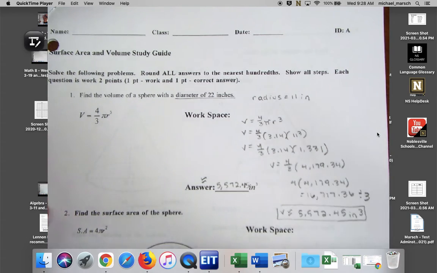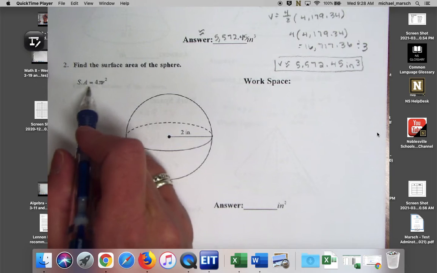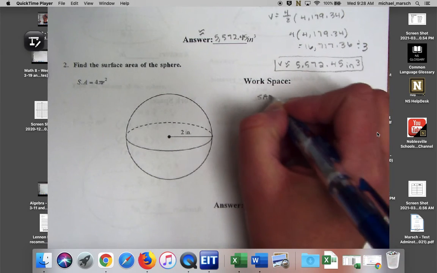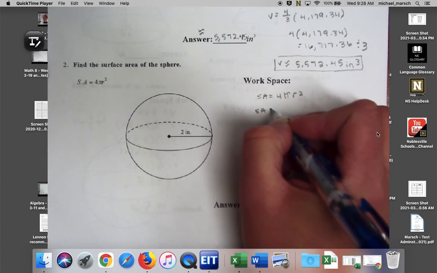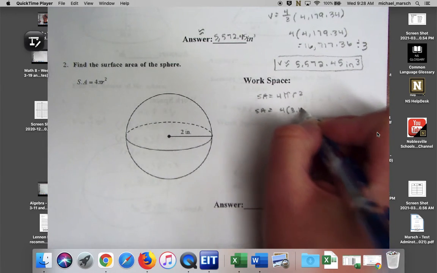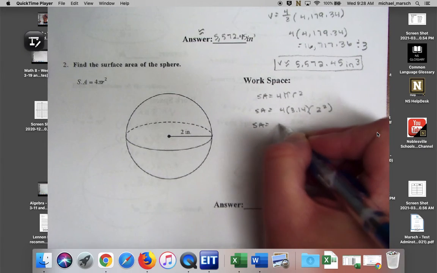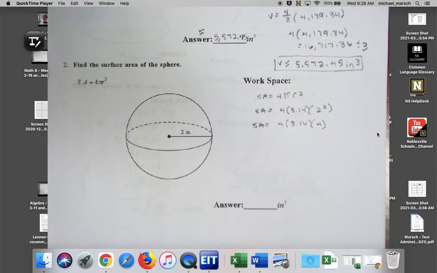Okay? All right, question 2 is surface area of a sphere. So we have the formula here, easy peasy. We have our radius. So we're going to say surface area equals 4 pi r squared. Surface area equals 4 times 3.14 times 2 squared. Surface area equals 4 times 3.14 times 4.